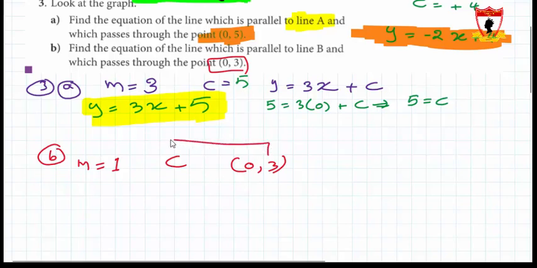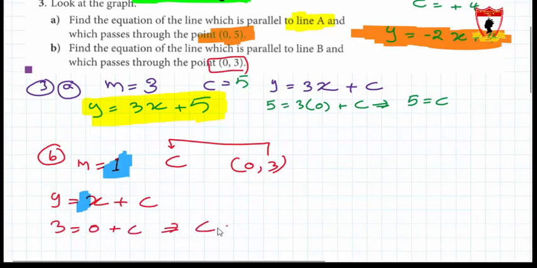We can say straight away c is equal to 3 because the x is 0, but it's not common to have x as 0 all the time. That's why I prefer to substitute this point in the equation that is like this: y equals x plus c. Y equals x, because 1 doesn't appear in front of x. Okay, to find c, x is 0, y is 3. 3 is equal to 0 plus c.